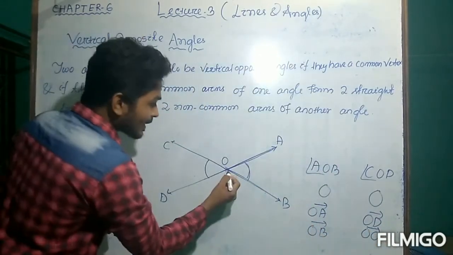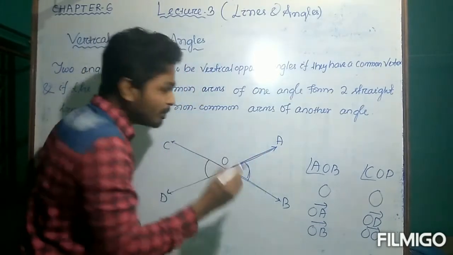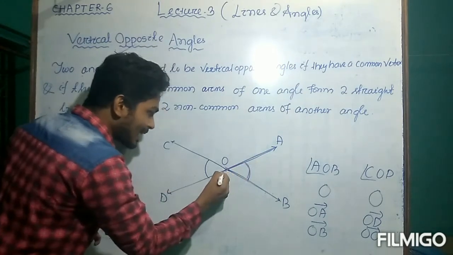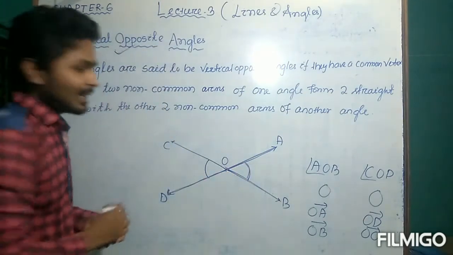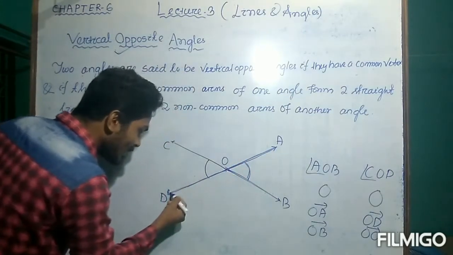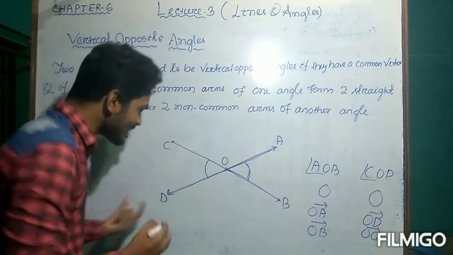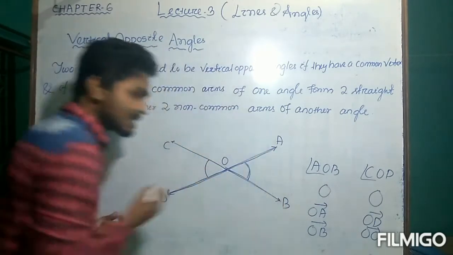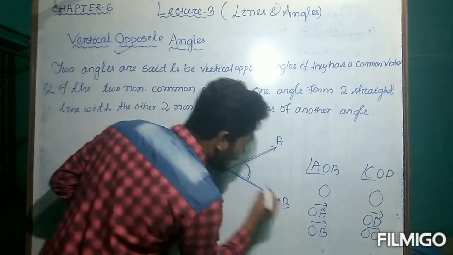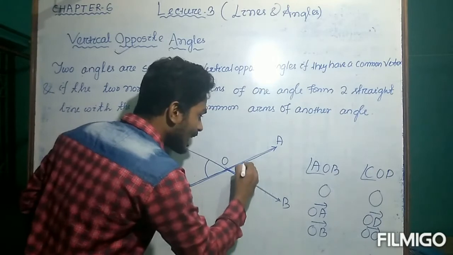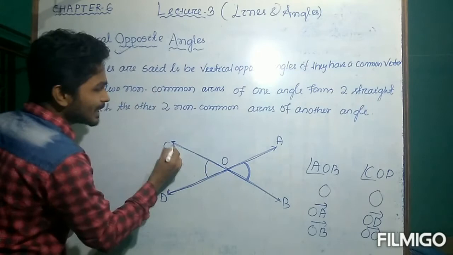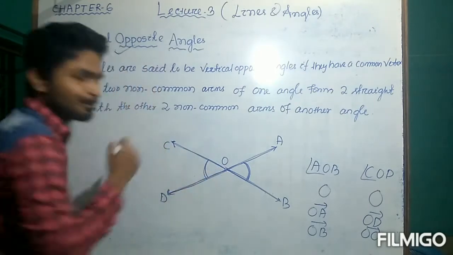Now you can see the arm OA of the angle AOB makes a straight line with another arm OD. The ray OA makes a straight line with arm OD. Yes or no? Yes, this is a straight line. Similarly, the other arm OB of the angle AOB makes another straight line with the arm OC of the second angle COD.